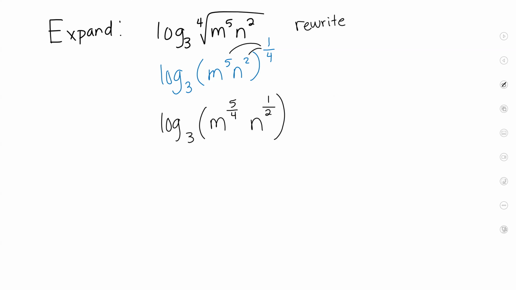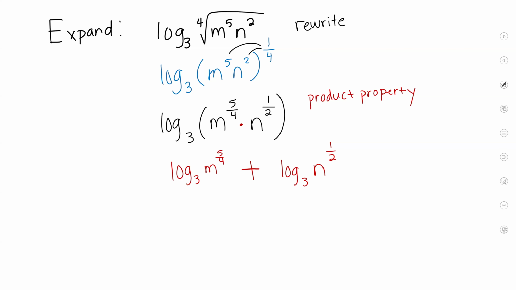All right. Next, I will do the product property. So these two are being multiplied together. I can write them as separate logs. So I'm going to do log base 3 of m to the 5/4 plus log base 3 n to the 1/2.